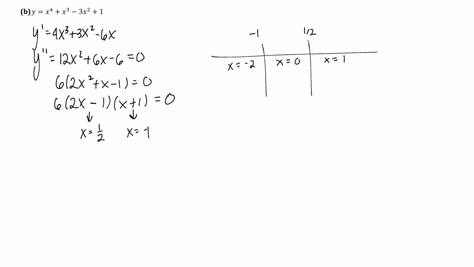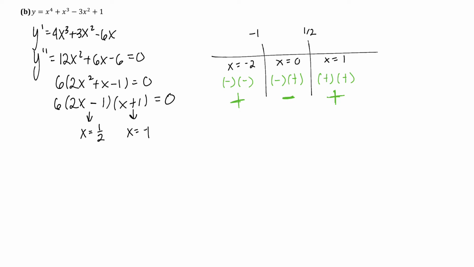So negative 2 times 2 is negative 4, minus 1 is negative. Negative 2 plus 1 is negative. 2 negatives make a positive. 0 minus 1 is negative. 0 plus 1 is positive. So that's going to be negative. 2 minus 1 is positive. 1 plus 1 is positive. 2 positives make a positive.